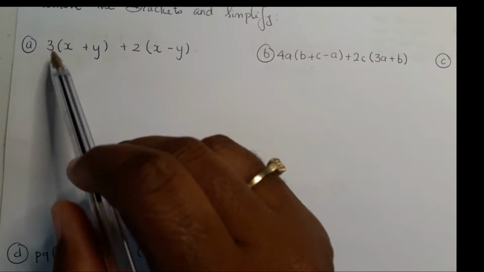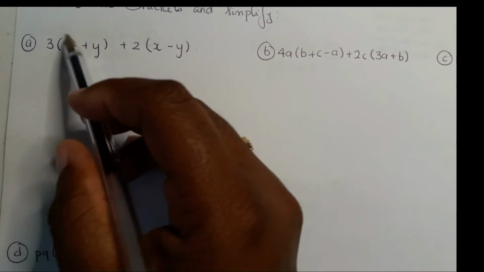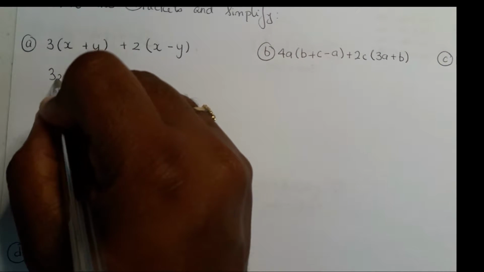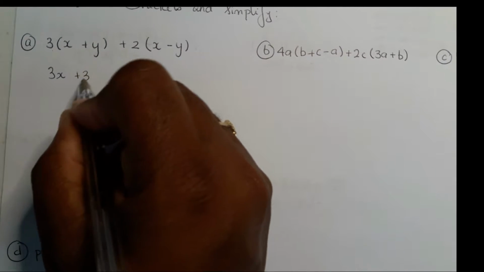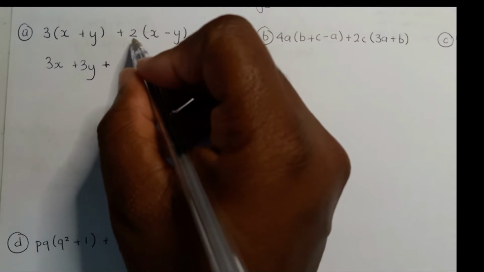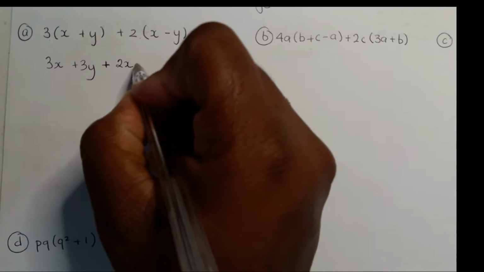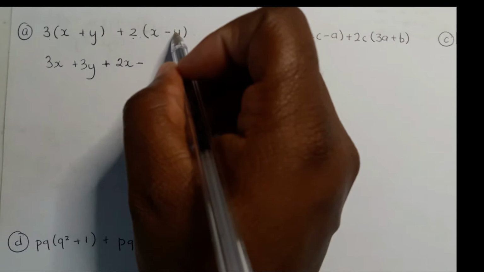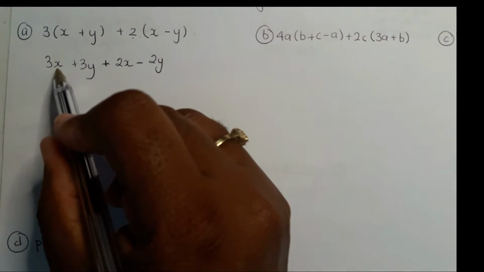So all you're doing again, when you say remove the brackets, I mean multiply throughout the brackets. So here we have 3 times x, so 3 times x is 3x, and 3 times y is plus 3y, plus 2 times x will be 2x, and positive 2 times negative y will give you negative 2y. And then all we have to do is look for the like terms.